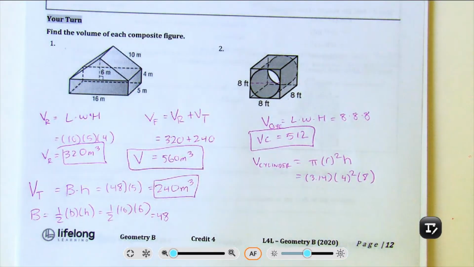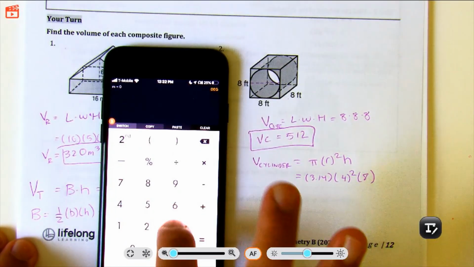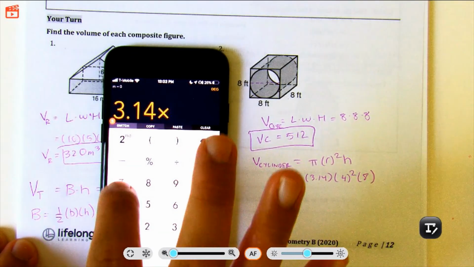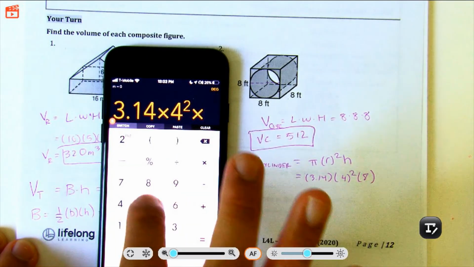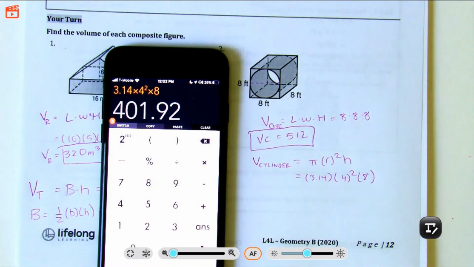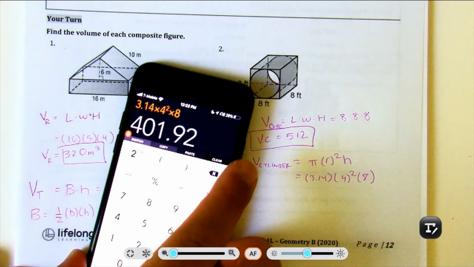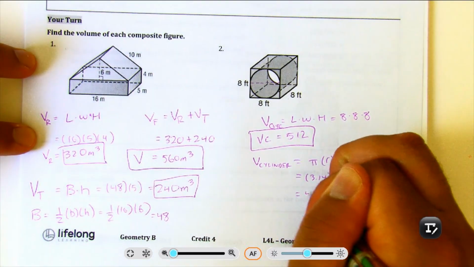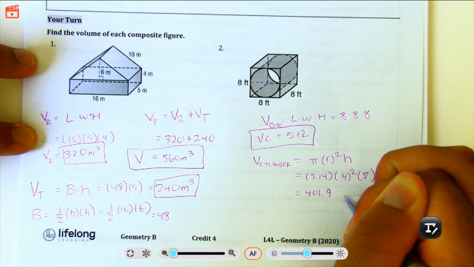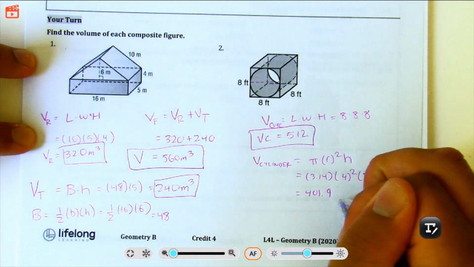Okay, so using the calculator, 3.14 times 4 squared times 8 ends up being 401.9. So the volume of the cylinder is this.